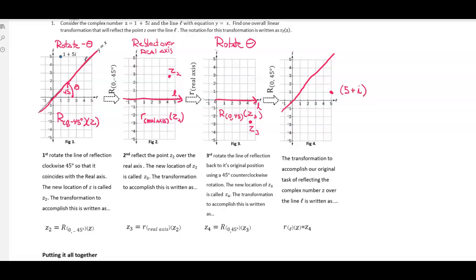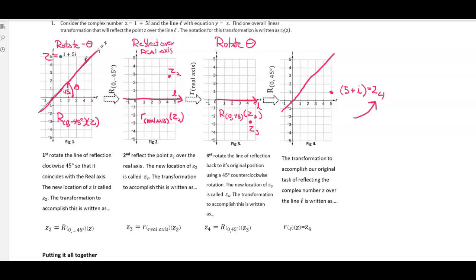And there's my result. And we called that Z4. Okay, and this is the reflection of this original point over the line.